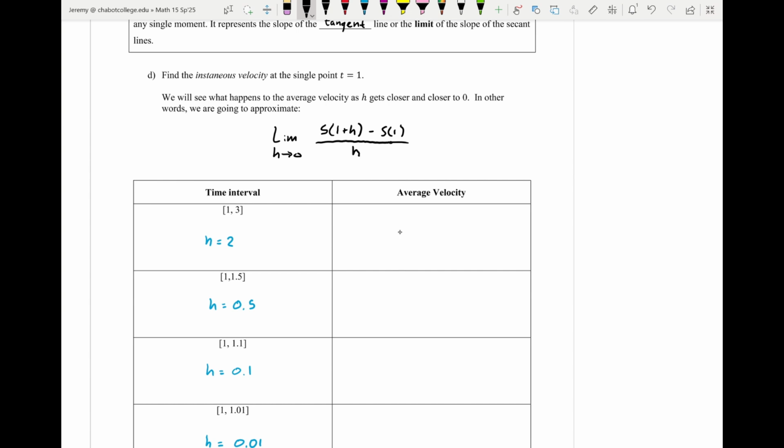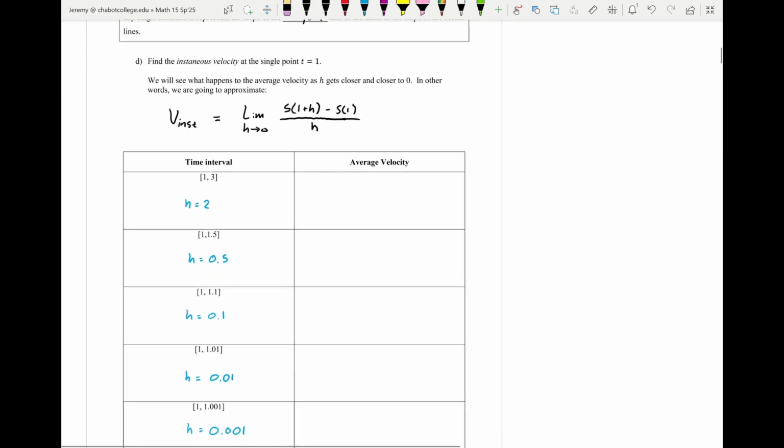It turns out that instantaneous velocity, or v inst, as I sometimes write it, we can calculate using this limit. So this is the workaround. There's that issue: how do we find the slope of a line, not based on two ordered pairs, but really based on the function and a single point, a single t value in this case? The way we do it is we take the limit of the slopes of the secant lines.